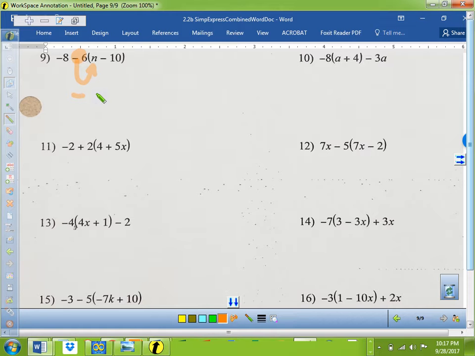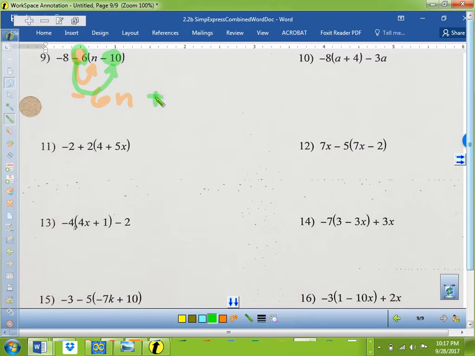That gives me -6n. And then I'm going to go again, -6 times -10 right there. And that's going to give me what? -6 times -10 is positive 60.